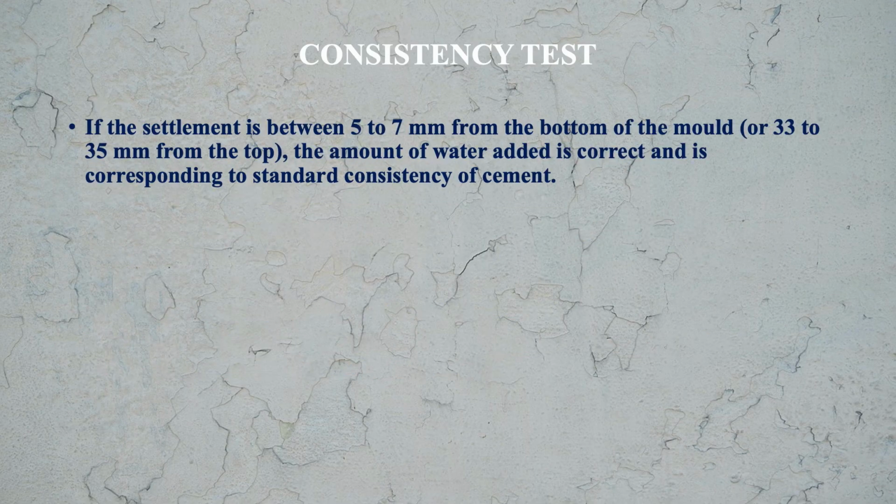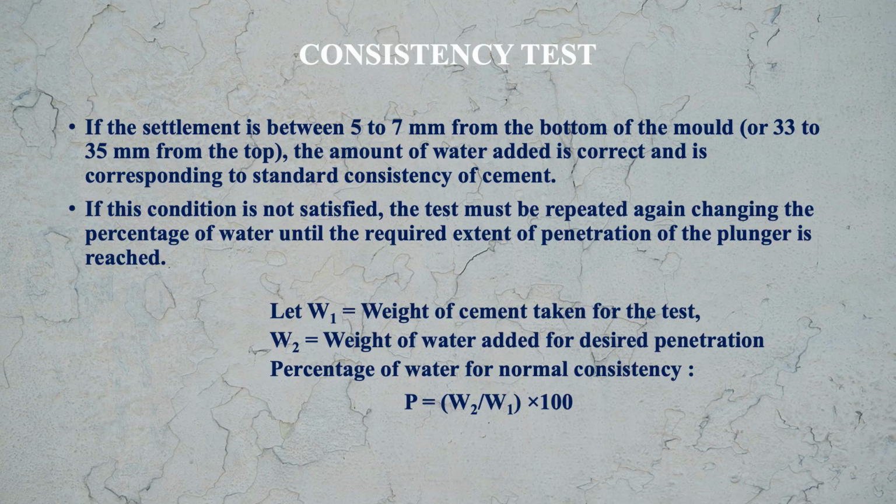If the settlement is between 5 to 7 mm, as I told you earlier, from the bottom of the mold, or 33 to 35 mm from the top, the amount of water added is correct and it corresponds to the standard consistency of cement. If this condition is not satisfied, then what will we do?